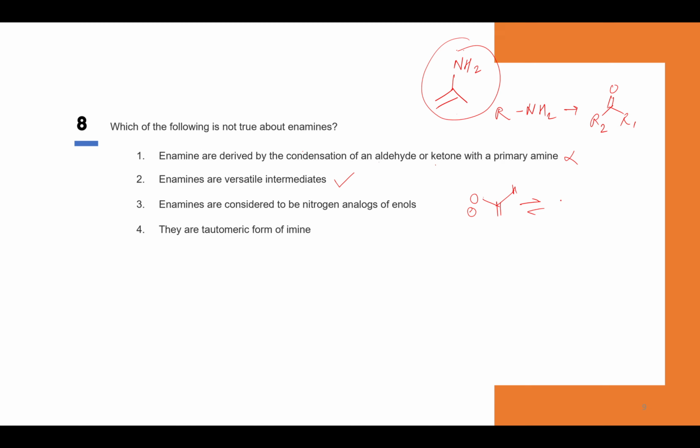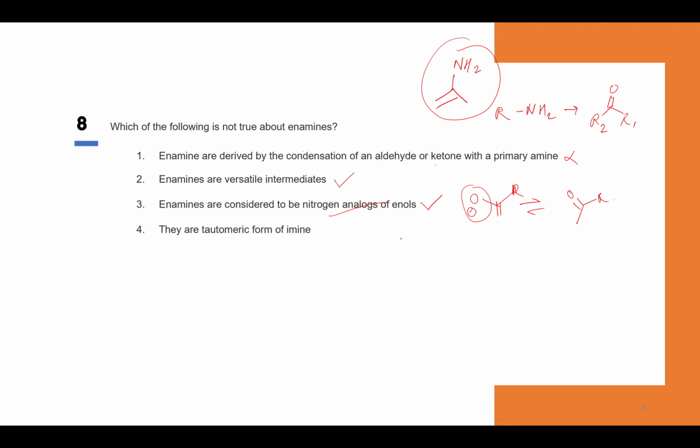Keto-enol, R, right? So this is the enol form. In enamine, instead of oxygen we have an NH2 amine group. So this is considered a nitrogen analog of enols. So this is also the correct option.